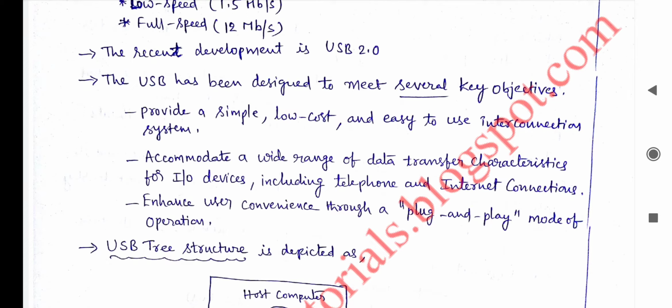So first, it is very simple and low cost as well as easy to use for interconnection of the system. And USB accommodates a wide range of data transfer characteristics for IO devices, including telephone and internet connections.